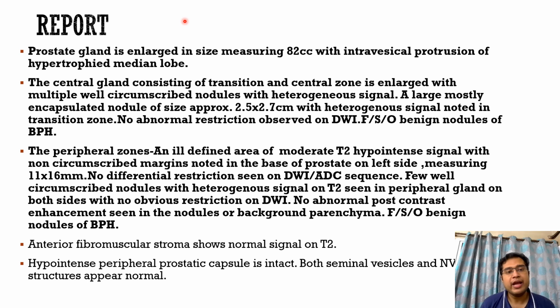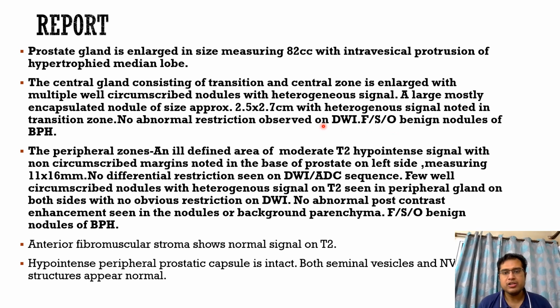A large, mostly encapsulated nodule of size approximately 2.5 by 2.7 centimeters with heterogeneous signal was noted in the transition zone. Whenever in doubt whether a nodule is benign or malignant on T2 weighted images in the central gland, we go for DWI. So this particular nodule, which was mostly encapsulated, did not show any abnormal restriction on DWI, suggesting a benign nodule of benign prostatic hypertrophy.